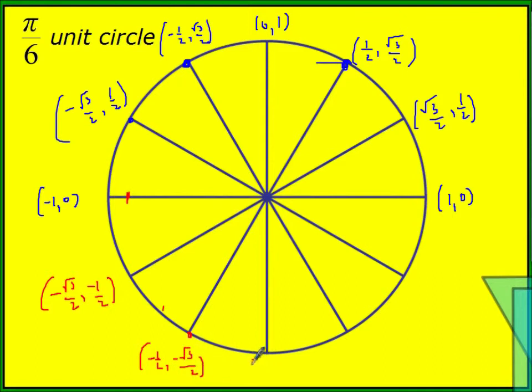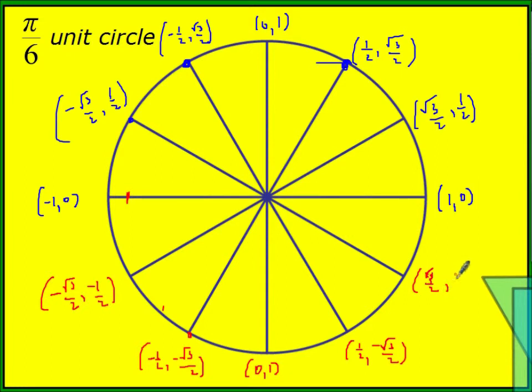So I think we can probably finish this up pretty easily at this point. You can either go across the y-axis or go straight down across the x-axis for this next point. Either way, it's got a positive x value and a negative y value. And we finish this one up with a positive x value, kind of small right there.